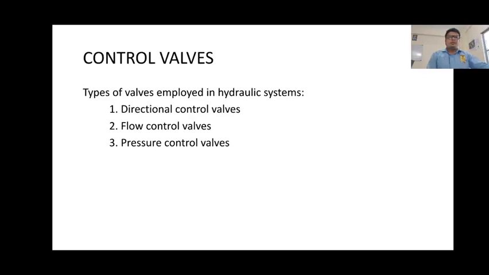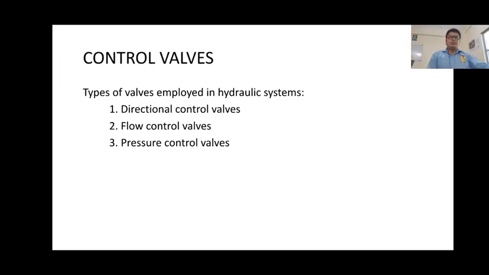The control of these mechanical outputs, that is motion and force, is one of the most important functions in a hydraulic system. So the proper selection of control system ensures the desired output and safe function of the system. In order to control the hydraulic outputs, different types of control valves are required, and it is important to know various types of control valves and their functions.